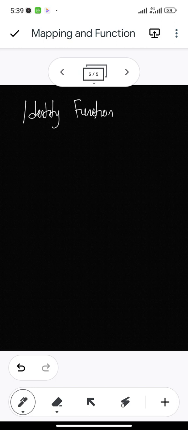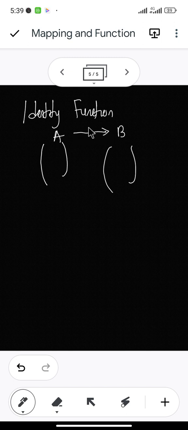Now, identity function: the function of an element in the domain gives an identical image in the codomain. It's just very, very simple. It means that if you have a function, let's say sets A and B, and a function maps A into B.